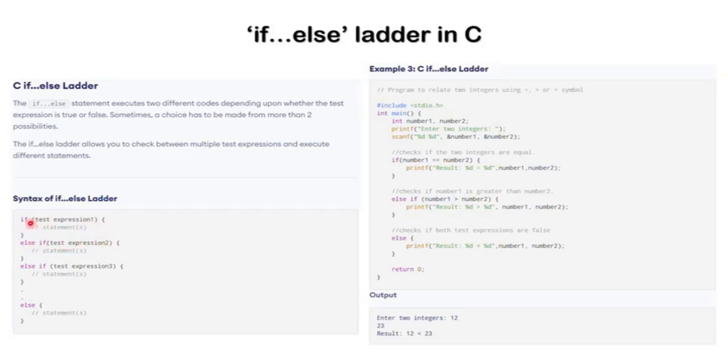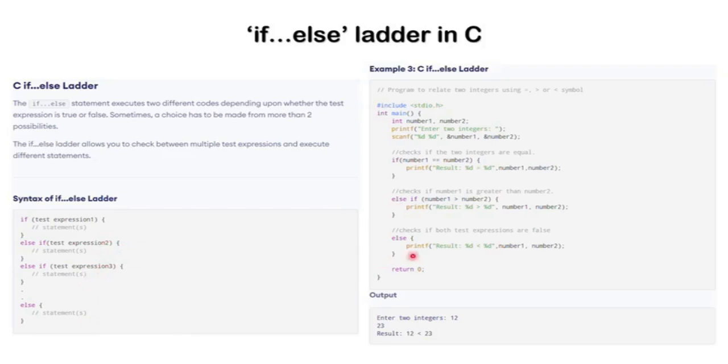But if it is true, it will directly skip and come out of the if else if ladder. Okay, so if it is false, it comes to the test expression 2. It checks if that comes out to be true, then it will skip all these remaining statements and come out of the if else if ladder.